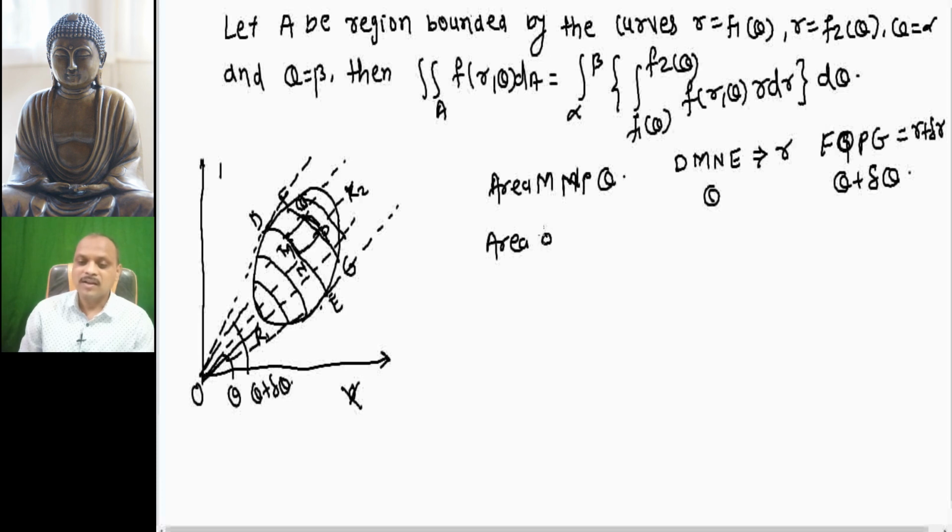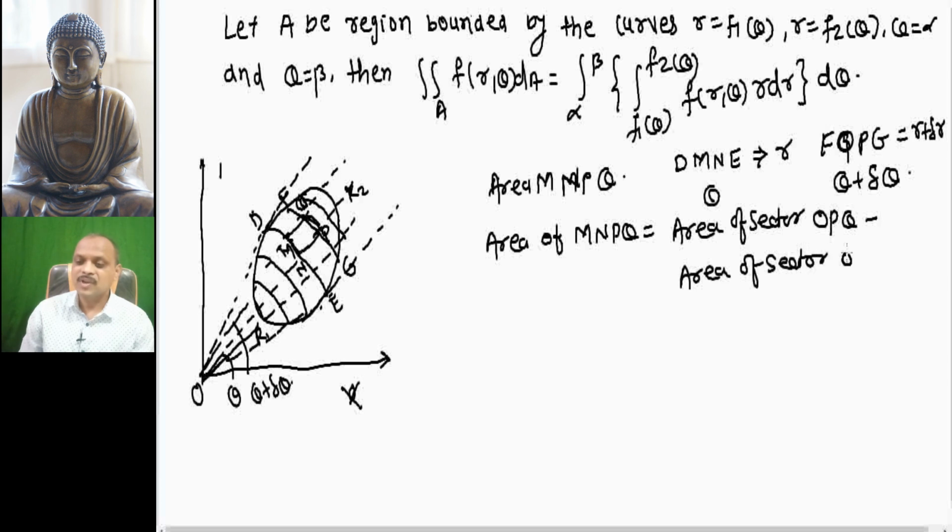The area of M N P Q equals the area of sector O P Q minus the area of sector O N M. We know that the area of a sector is 1 by 2 into radius square into angle. So it is 1 by 2 r plus delta r whole square into delta theta, minus 1 by 2 r square into delta theta.